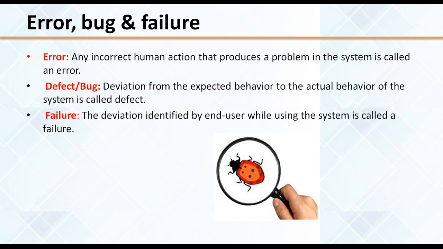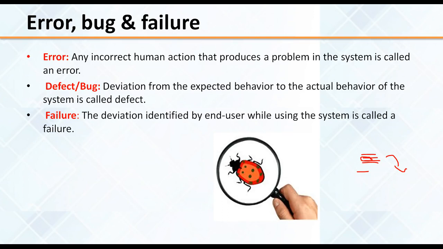Suppose the developer wrote some program, right? He made some mistake in the program. It is not giving the expected output. So who is responsible for that? The developer is responsible for that. What is causing that particular issue? The main thing is they have made some mistake in the program. So that is the reason causing an error.